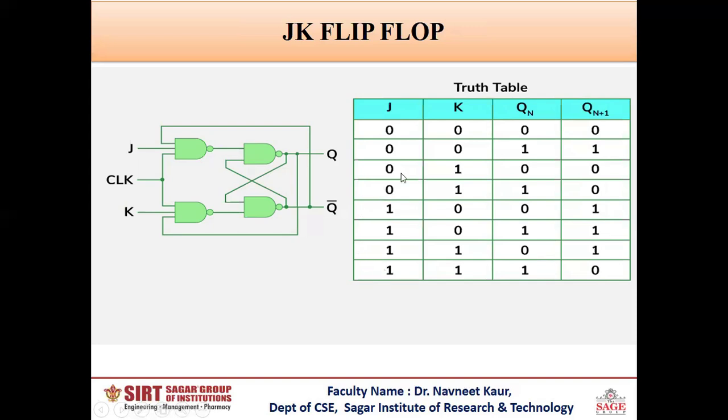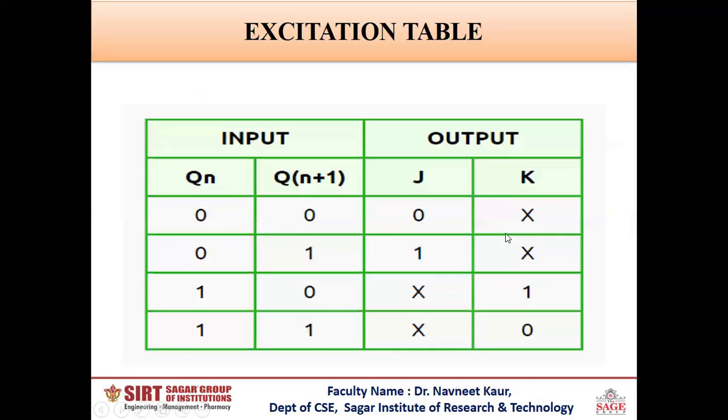So J can be anything where K is always equal to 1. So J is don't care, whereas K is 1. Similarly, for Qn equal to 1 and Qn plus 1 equal to 1, J will be don't care and K will always be 0.